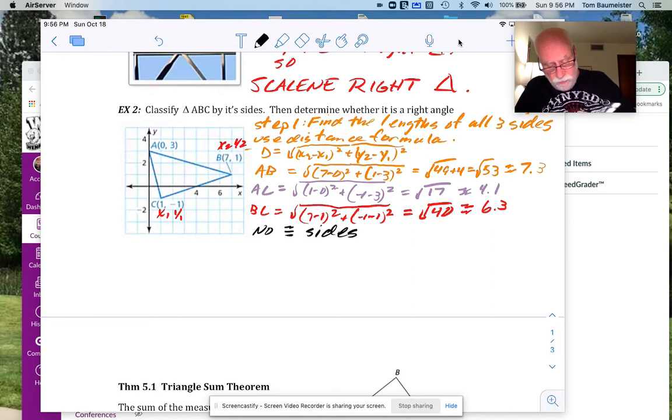So if you remember from above when I said there's no congruent sides, that means that we have a scalene triangle. So ABC is a scalene, at least that's the part with the sides.